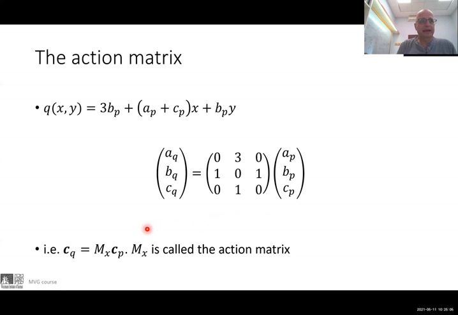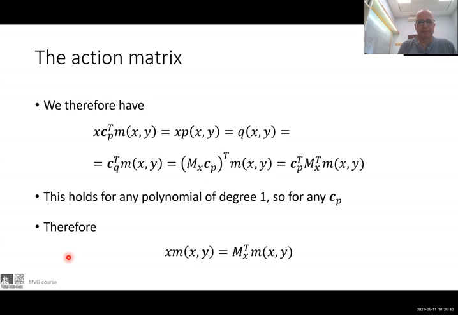Look again, this action matrix Mx, which corresponds to the operator Tx, takes Cp, the coefficients of the first order polynomial P, and converts them to coefficients for polynomial Q, which happens to be also first order.